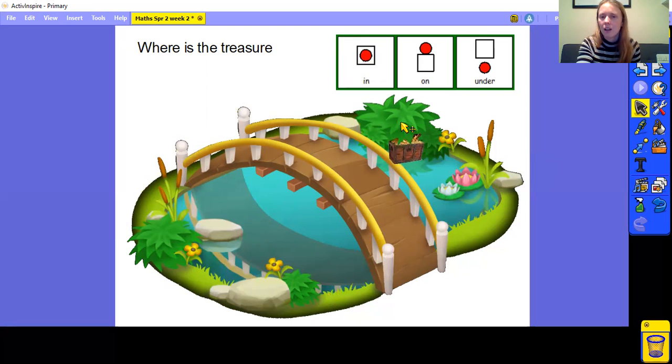Here is the treasure, and here is the plant. Is the treasure in the plant? Is it on the plant? Or is it under the plant? That's right. The treasure is hiding under the plant. Well done if you got that right.